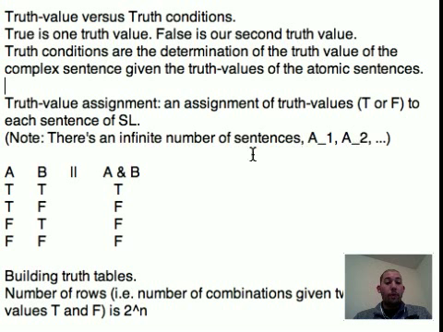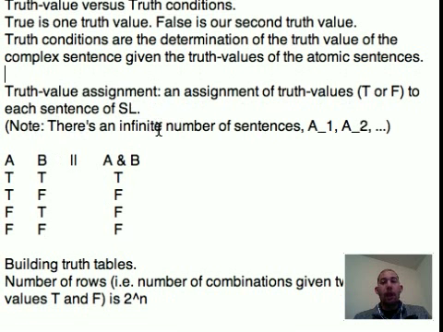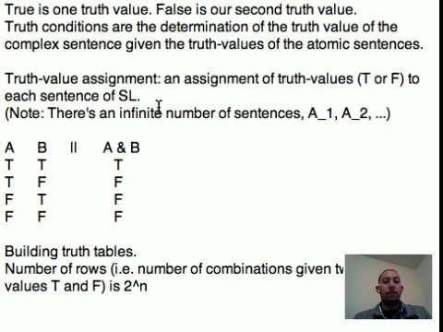Strictly speaking, if we were to build a truth table that encoded every possible assignment for each sentence, we would have an infinite number of combinations. But luckily, any given sentence in SL is going to have, in most cases, just a finite number of sentences. So we won't ever have to look at these infinitely large truth tables.